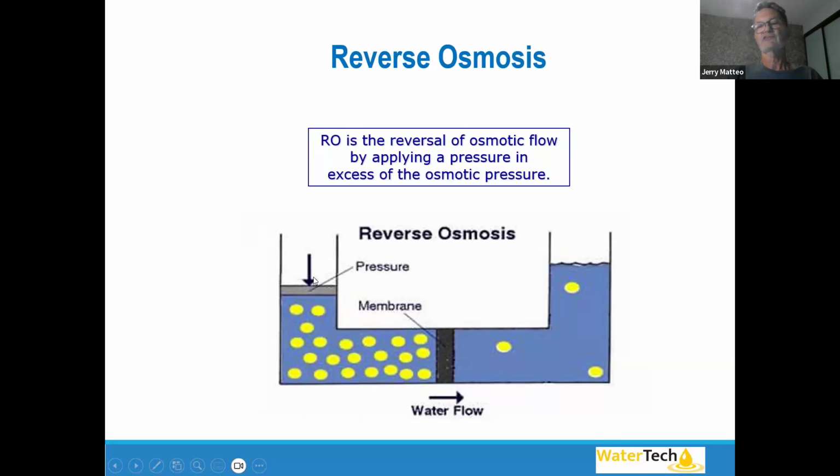And this pressure is in relationship to the amount of dissolved solids that we have in the water. So if we apply a pressure, which is what we do in a commercialized reverse osmosis system, we can reverse the natural phenomenon of osmosis, and we can drive the fresh water out, and this left side will just get more and more concentrated, and the right side will just be fairly pure water. Some salts will pass through, but not much.